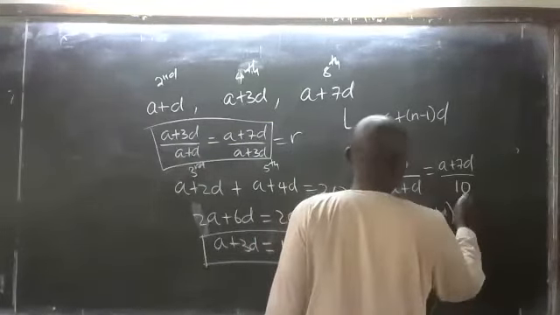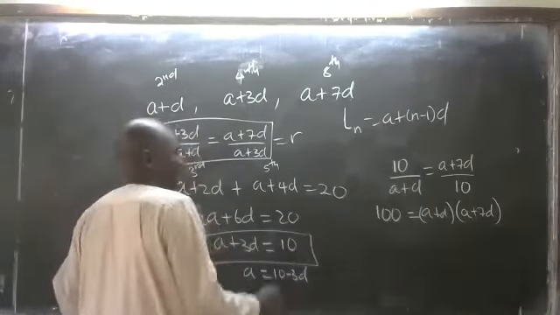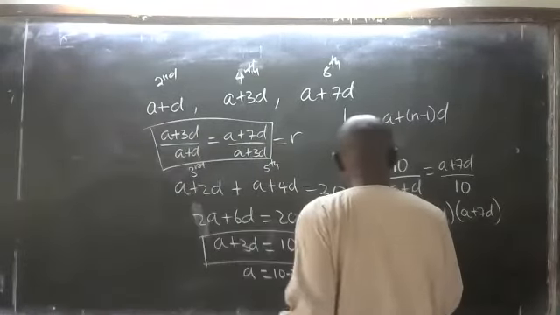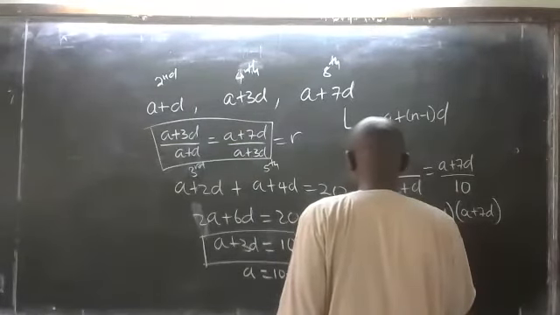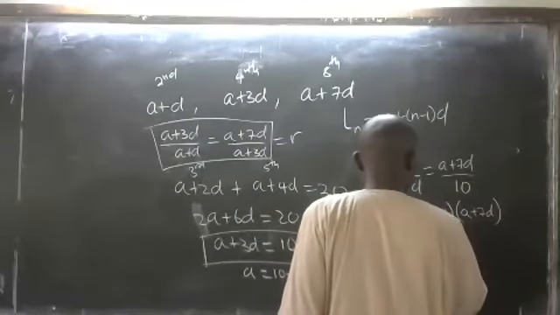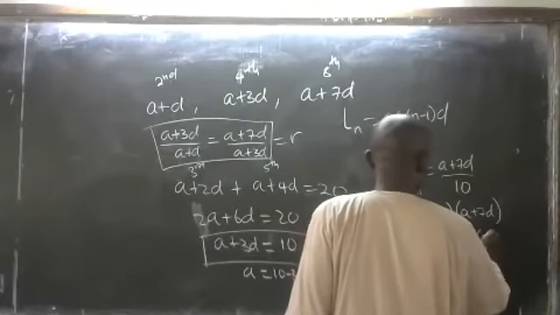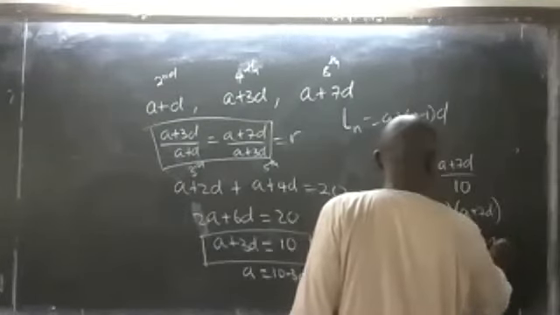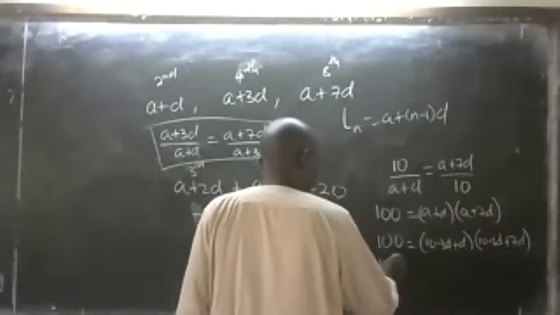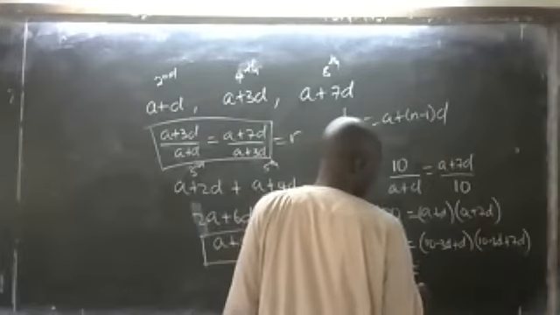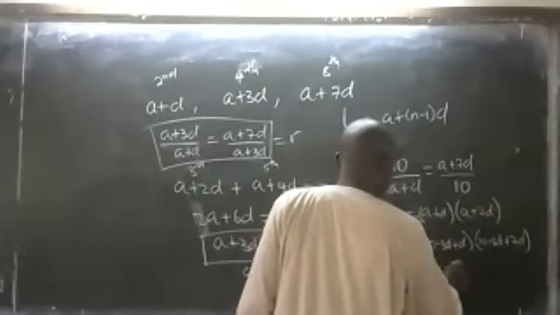But again, from here, our A is equal to 10 minus 3D. So you can say now 100 is equal to 10 minus 3D plus D, times 10 minus 3D plus 7D. Then you have 100 is equal to 10 minus 2D times 10 plus 4D.